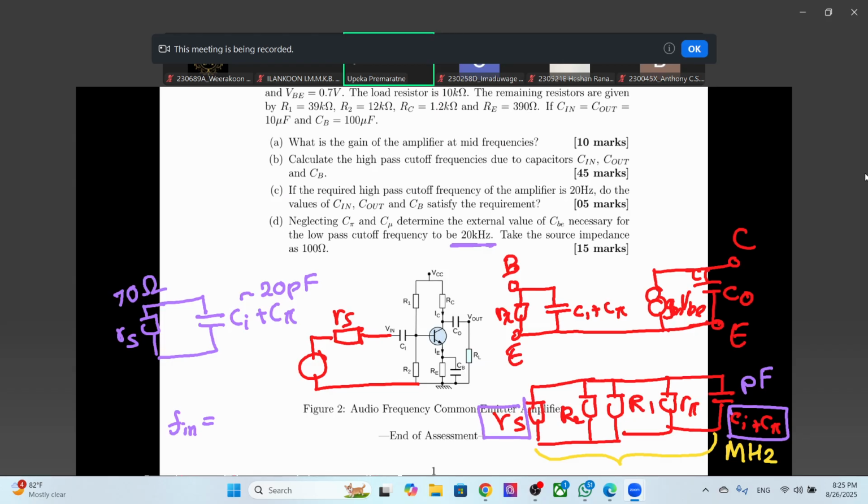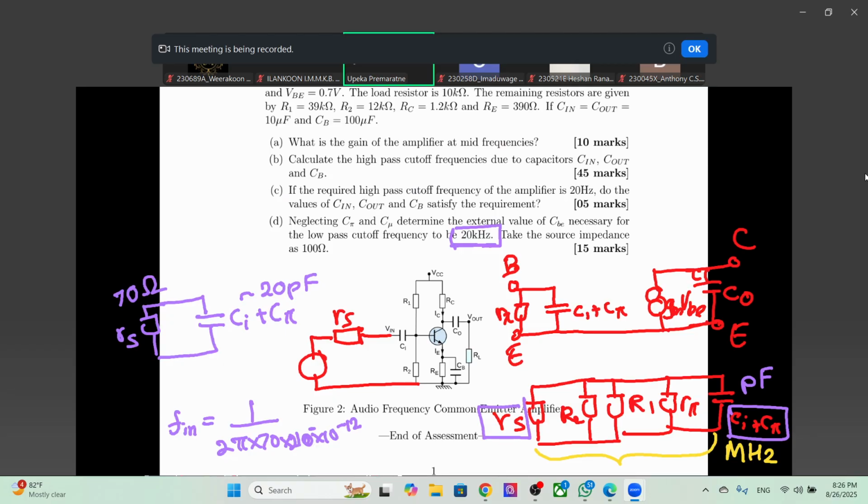If we substitute these values, we get a cutoff frequency in the order of megahertz. But we want a cutoff frequency of 20 kilohertz, many orders of magnitude smaller than the cutoff frequency due to the parasitic capacitances.